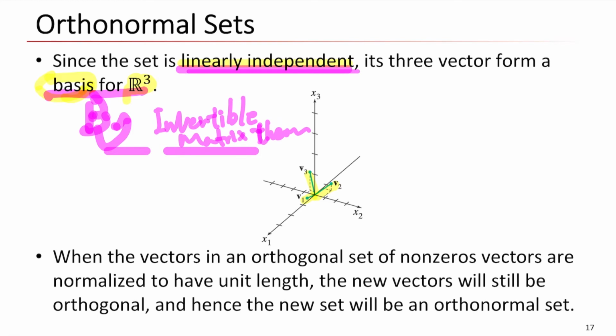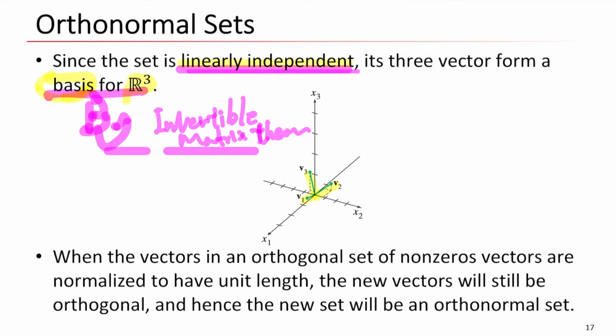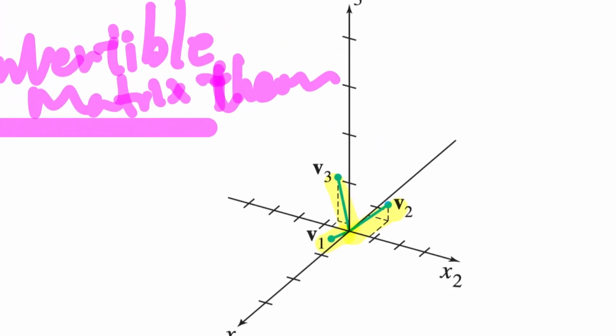In other words, if the vectors in an orthogonal set of non-zero vectors are normalized to have unit length, the new vectors will still be orthogonal, and hence the new set will be an orthonormal set. What does it mean? Let's say there are some arbitrary vectors here.